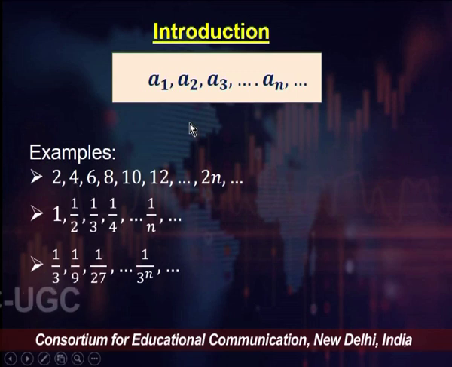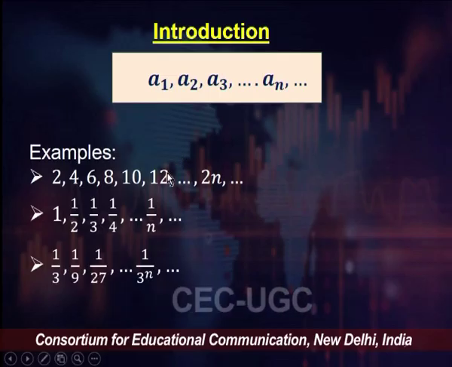But a series represents the sum of the numbers in the sequence. So the difference is that a sequence is a list of numbers, whereas a series is a sum of the numbers in the sequence. So if the sequence is A1, A2, A3 and so on, then the corresponding series would be A1 plus A2 plus A3 and so on.